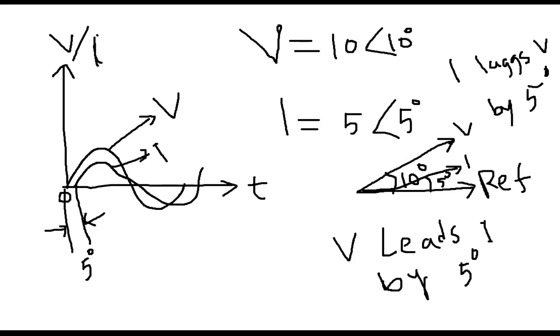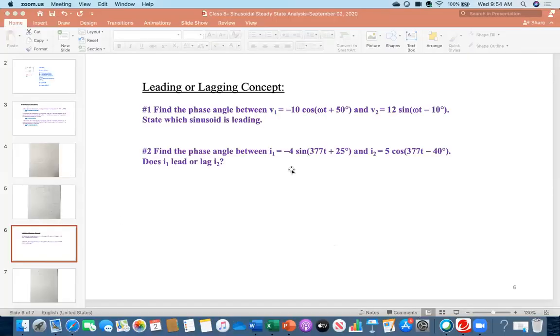So now please come back to that one. I saved this one so you can see in the video. Now go back to that calculation that I was doing. Now everybody, that is the leading or lagging. So now I am asking the question: find the phase angle between V1 and V2, and state which sinusoid is leading.